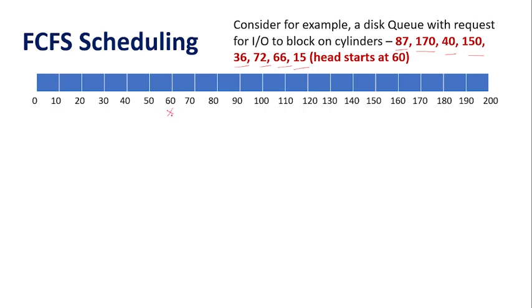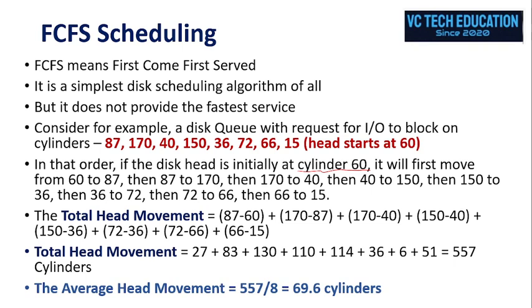From where will the head start? It will start at 60. In this order, the head is initially at cylinder 60. It will move from 60 to 87.